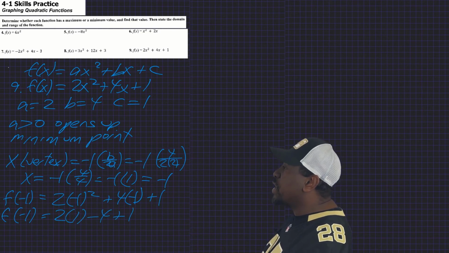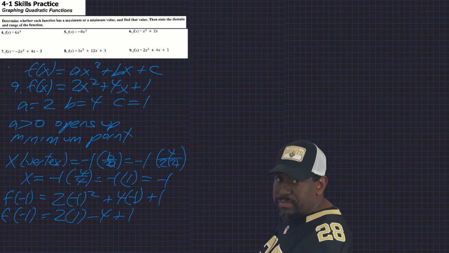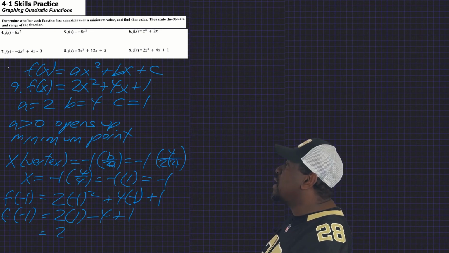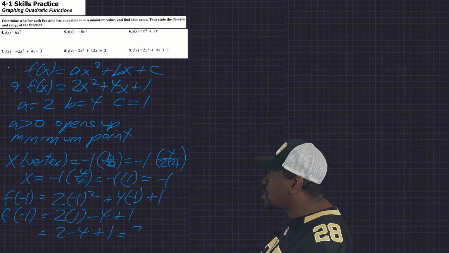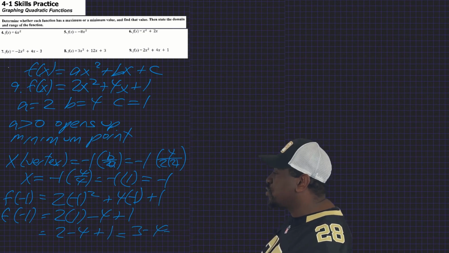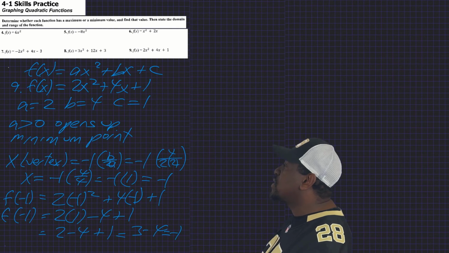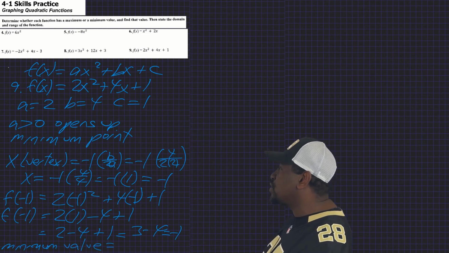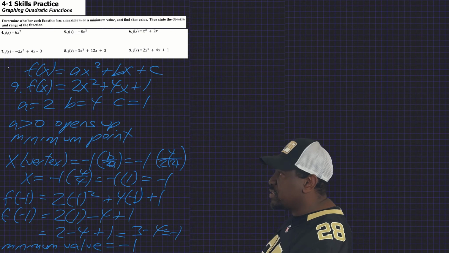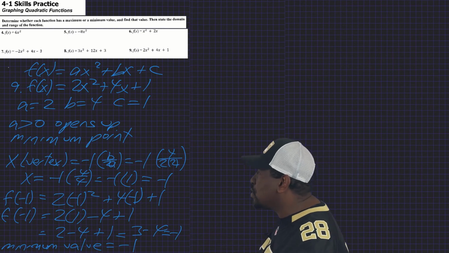Using order of operations, -1 squared is 1. Positive 4 times -1 is -4. 2 times 1 is 2. We now have 2 minus 4 plus 1, we add the positive numbers. 2 plus 1 is 3. 3 minus 4 gives us a minimum value of negative 1. So we're done with that. Our minimum value again is negative 1.